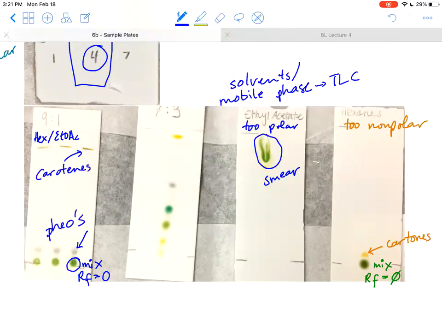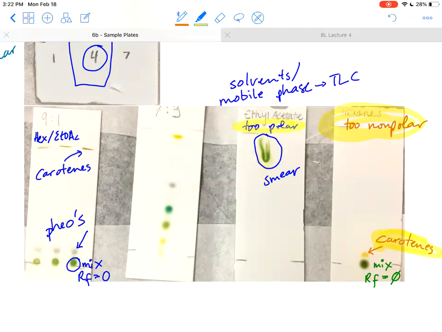So your results might be a little bit different from this, but this is the kind of thing that we're looking for. What happens if we add a very non-polar solvent? Well, it looks like only the really non-polar stuff, the carotenes, moves. A non-polar solvent will just pull up the non-polar components.